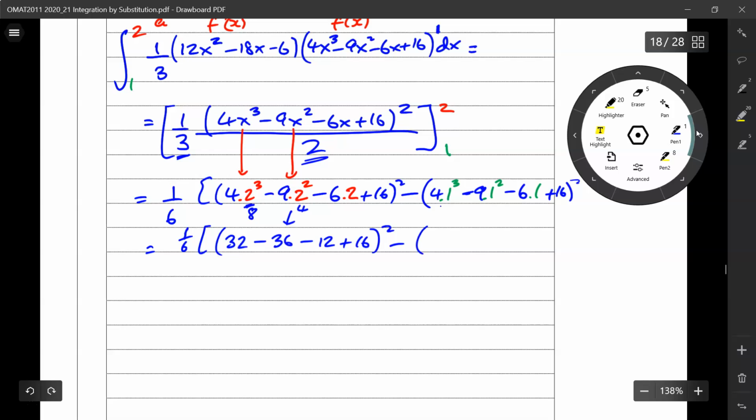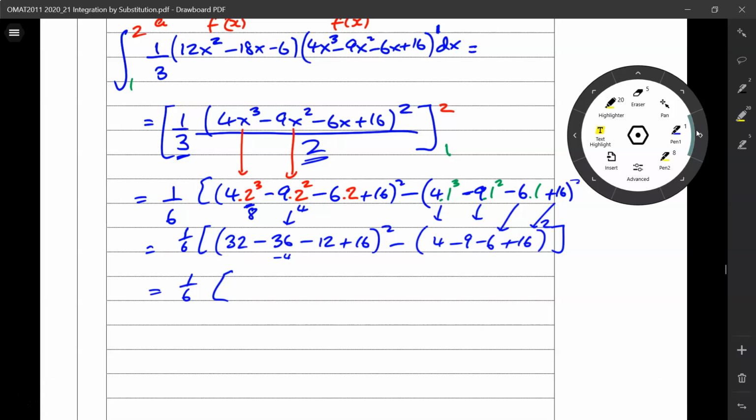And on this side we have 4 minus 9 minus 6 plus 16, and that all has to be squared. So if we work it out, it's 1/6 times, I add this lot up, that's minus 4 to that point. Minus 4 gives me minus 16. So the whole thing here looks like it's all going to be plus 48 minus 48.